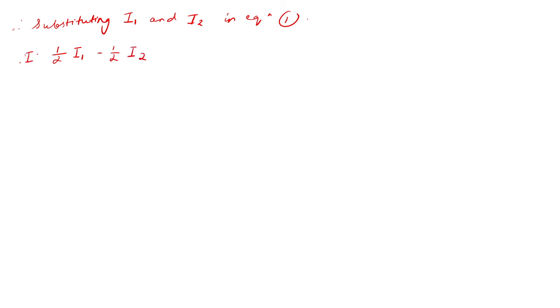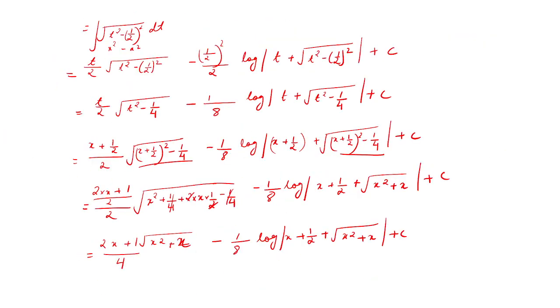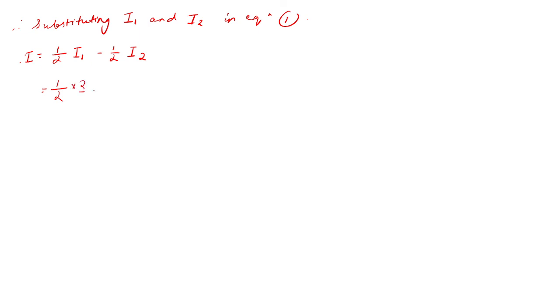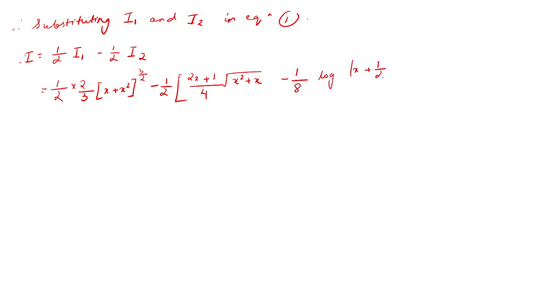This is your capital I. So this is going to be half. You got your I1 as 2 by 3 into (x plus x squared) to the power 3 by 2 minus 1 by 2. Your I2 is equivalent to (2x plus 1) by 4 root over x squared plus x minus 1 by 8 of log (x plus half plus root over x squared plus x) plus c.